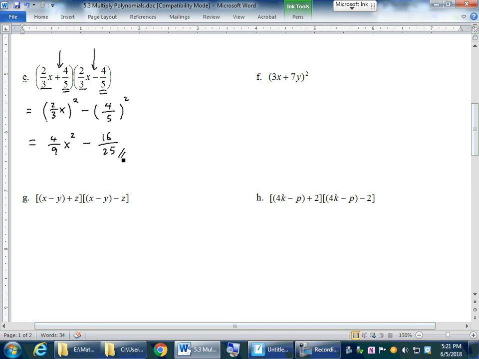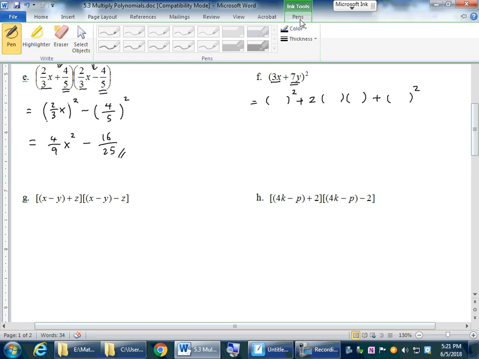So for this one, I can see that it's the first and the last squared. So according to the formula, that will be first square plus 2 times first times last plus last square. Or you can write it out as 3x plus 7y times 3x plus 7y twice and then do the foiling.